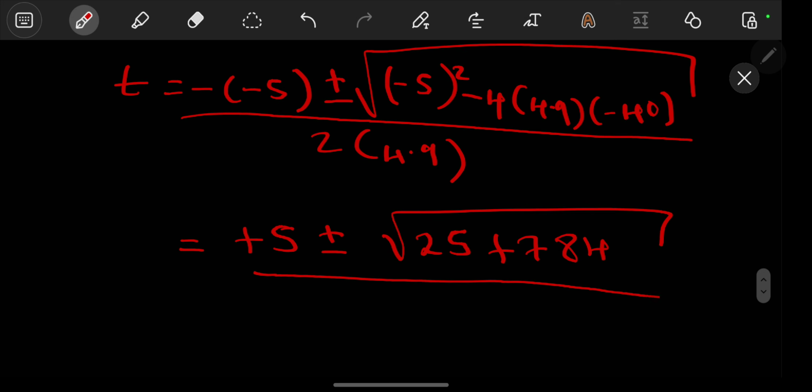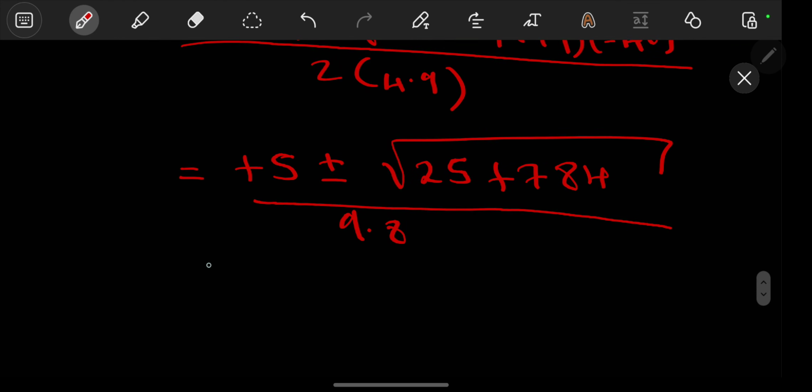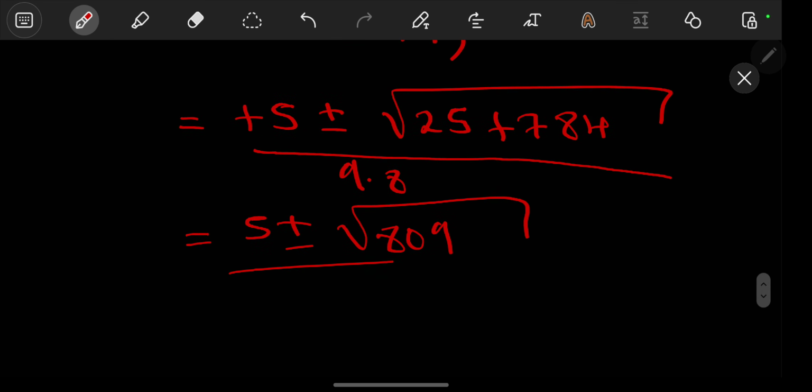Then we divide over 2 times 4.9, which gives us 9.8. Then we have 5 plus or minus the square root of 25 plus 784. If we add this, we get 809. We divide this over our 9.8.